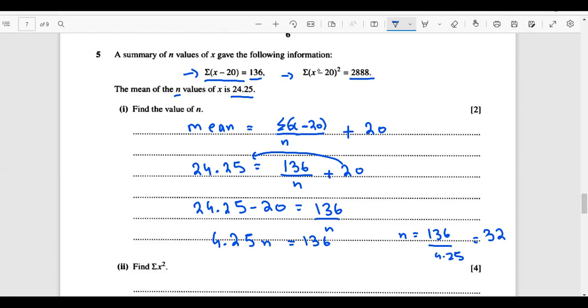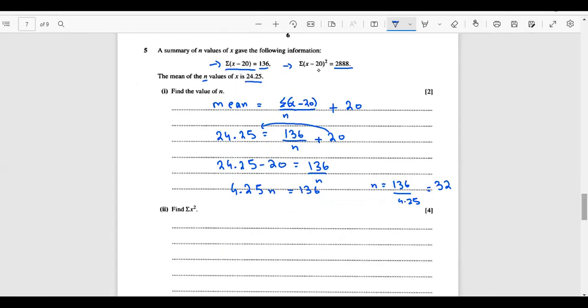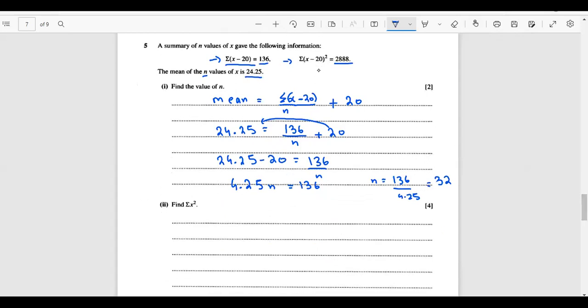Now the next part of this question is not that straightforward. This is something I'm telling you directly. Let's see how to do it. And this is why it is a 4-mark question. This is why I'm telling you again and again, just focus on the number of marks. Find summation x squared.